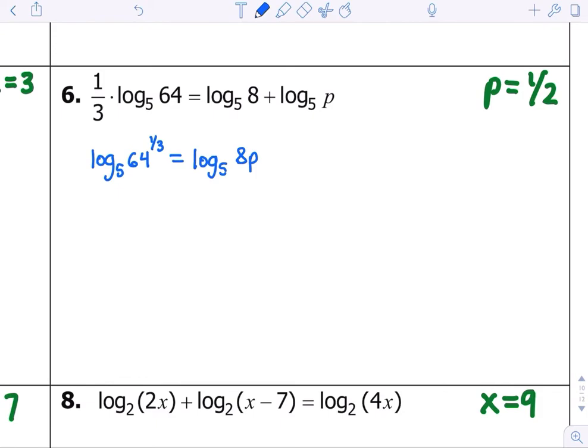Now, 64 to the 1/3, that's the same thing as saying the cube root of 64, which is just 4, and that's going to equal 8p. Divide both by 8, 1/2 is going to equal p. Plug that into there, it's going to be a positive value, which is fine, so that is going to be your answer.